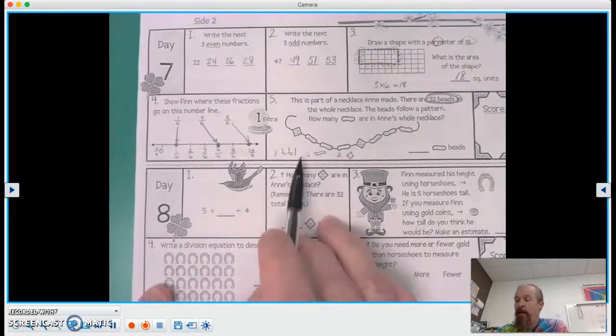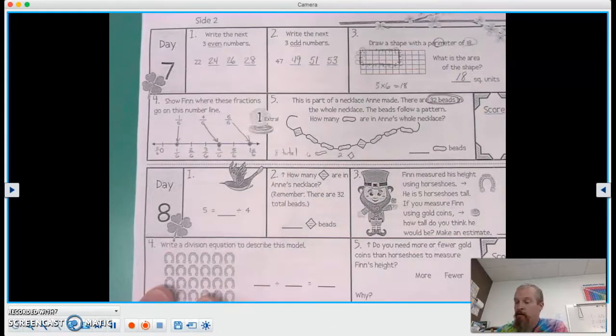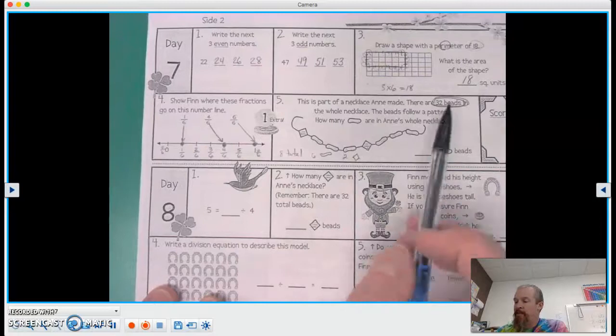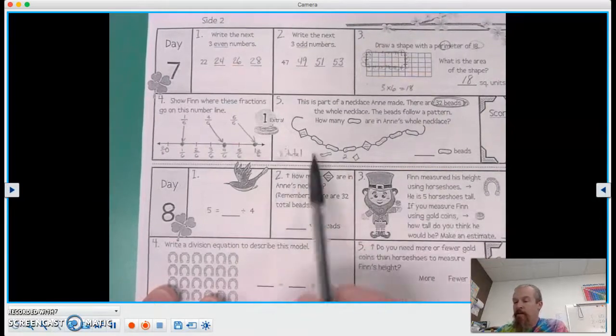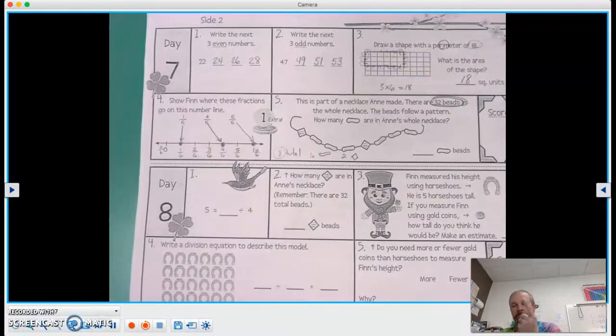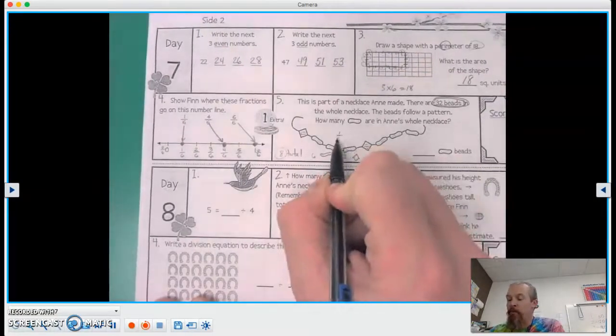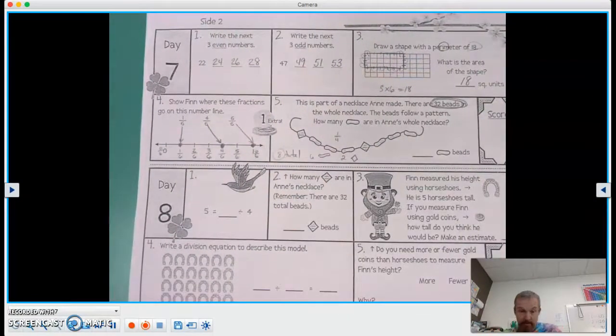And it is in a pattern. It goes 1, 3, 1, 3. So let's see. Hey, 8 goes into 32 evenly. 8, 16, 24, 32. So this piece of the necklace is 1/4 of the total necklace.